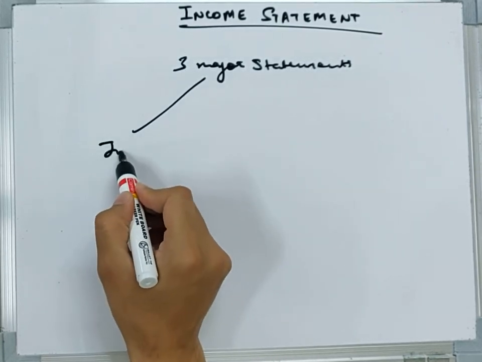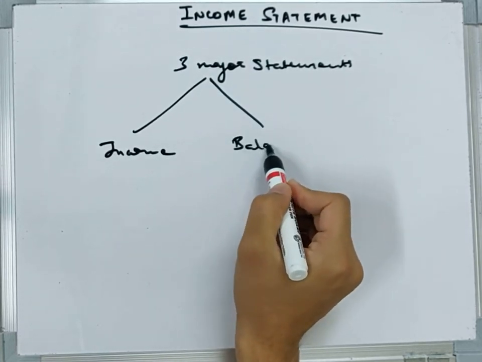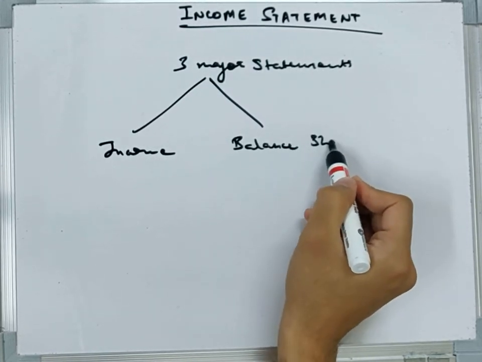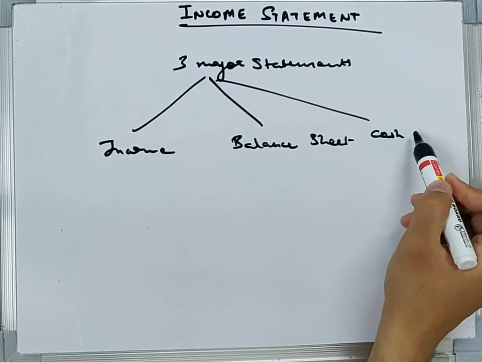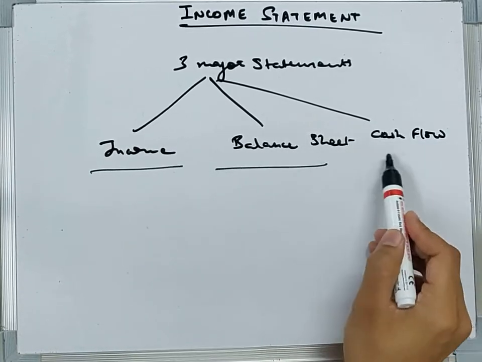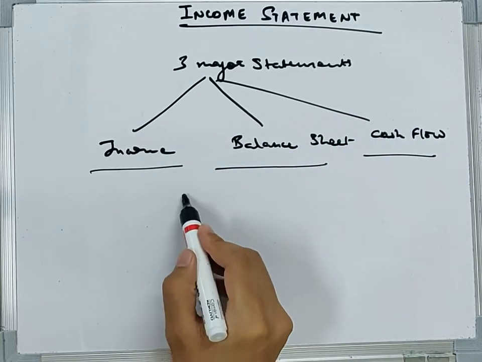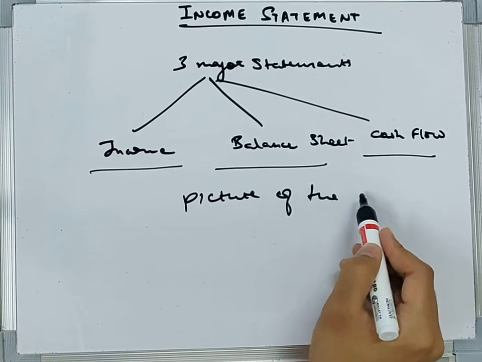They are income statement, balance sheet, and cash flow. These three statements are the ones that are published and that give the picture of the company.